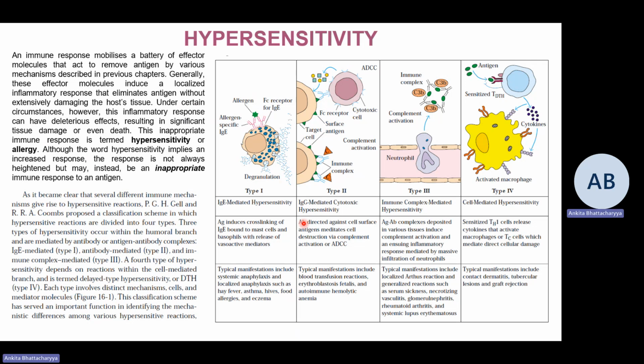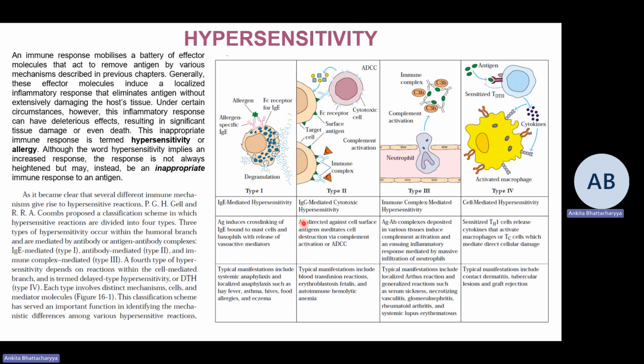How is it observed? Usually, it includes localized Arthus reaction, generalized reactions like serum sickness, necrotizing vasculitis, glomerulonephritis, rheumatoid arthritis, and systemic lupus. So these are different disease manifestations of type 3 hypersensitivity response.